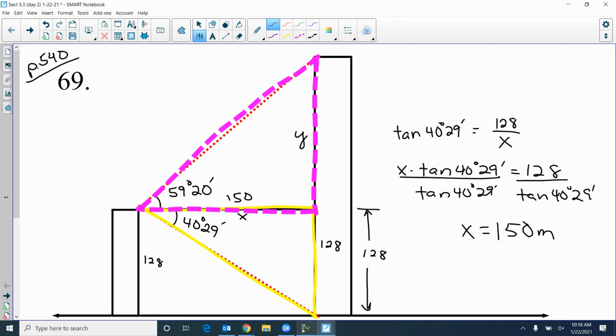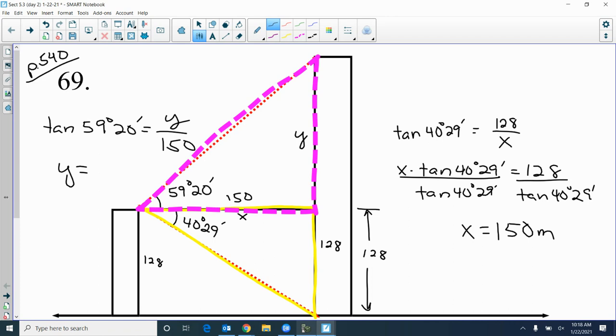Tangent of 59 degrees, 20 minutes equals y over 150. And what do we get for that? When you do that one, what do you get? 253.